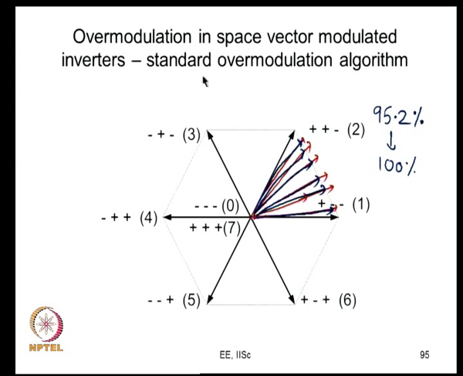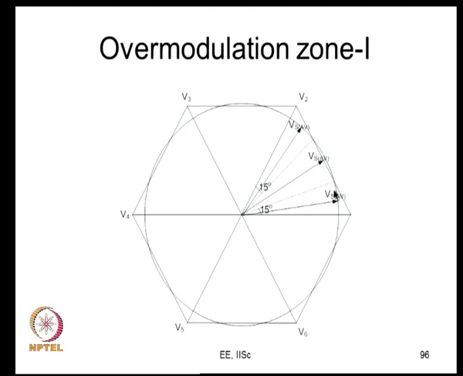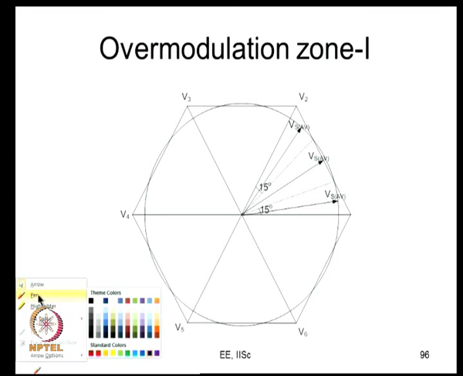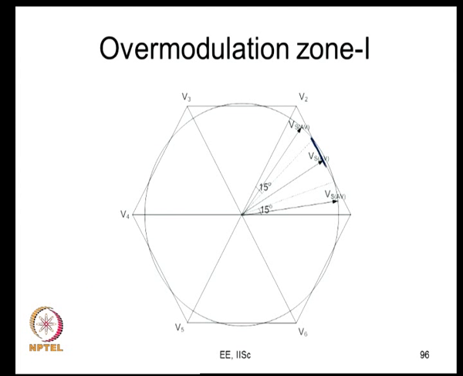Normally we have what is called a standard overmodulation algorithm, which is a 2-zone modulation algorithm. The zone 1 of the overmodulation algorithm can be given like this. You may have a reference, this is partly within the hexagon and partly outside the hexagon. What you would actually do is you would produce vectors whose tips are like this.